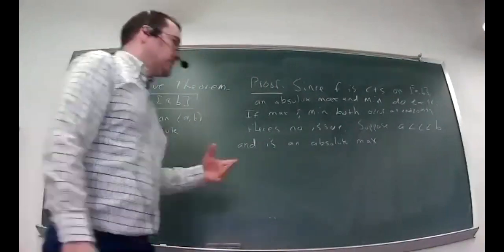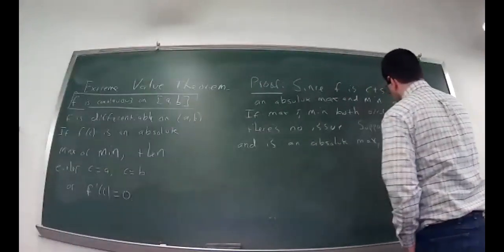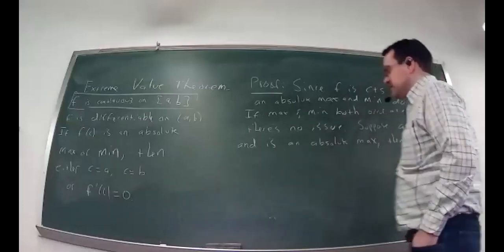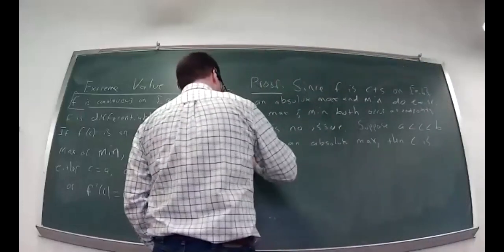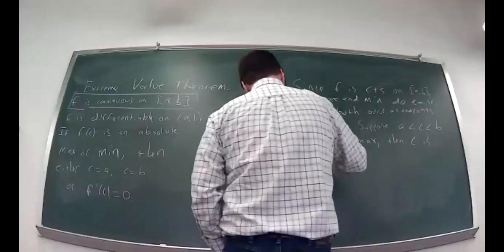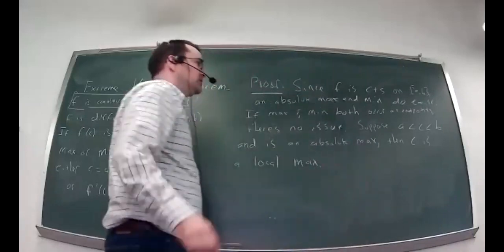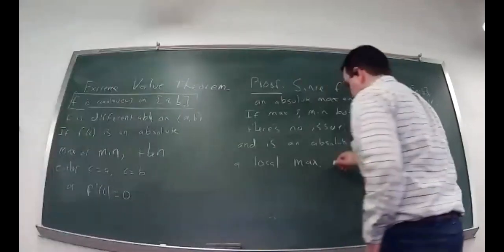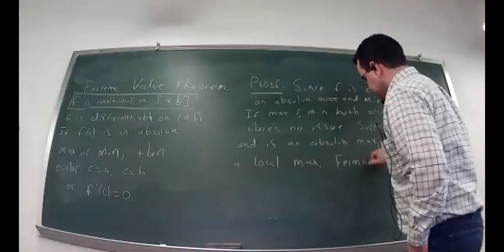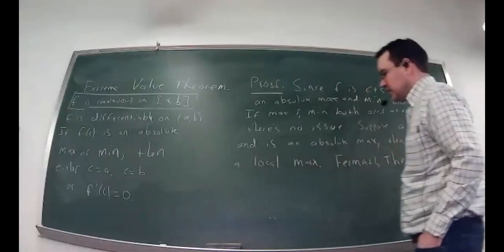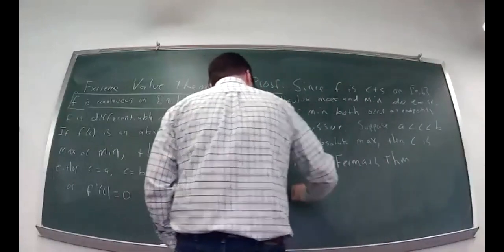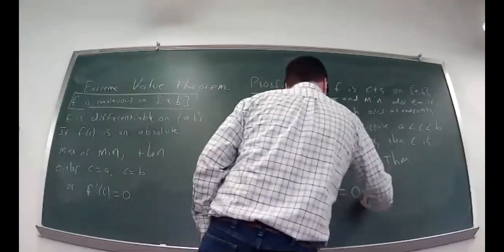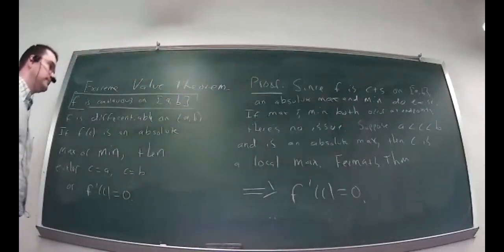So if you're an absolute maximum and you're in the interior, then C is also a local maximum. Not every absolute maximum is a local maximum, but those that occur not at the endpoints are local maxima. And then by Fermat's theorem, this implies that f prime of c is equal to 0.